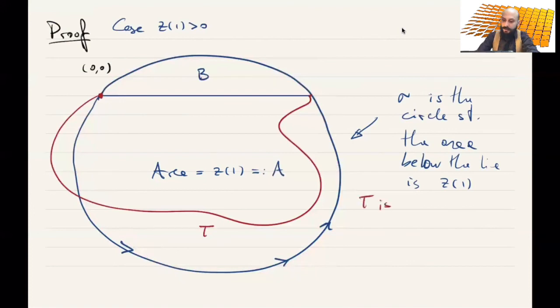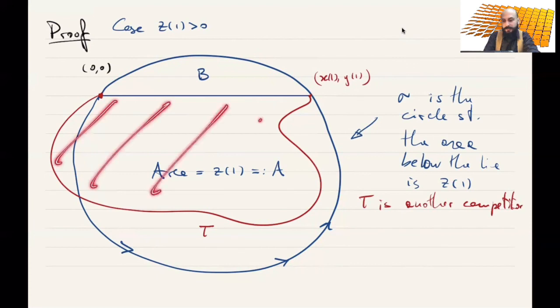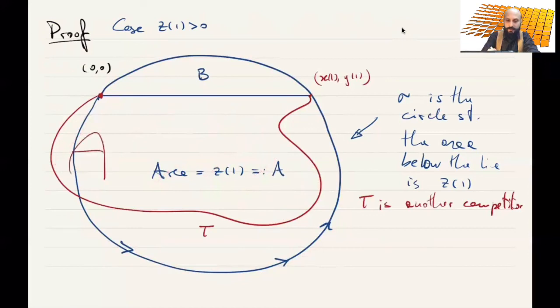Tau is another competitor. It's a curve that goes from 0 to the point (x1, y1) and encloses area Z1. So also this area here is equal to A.